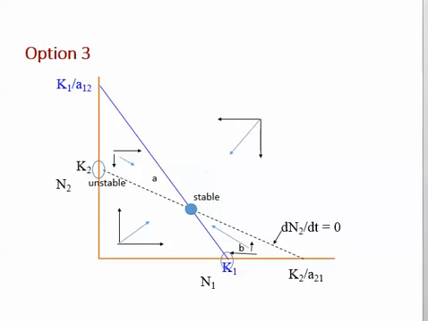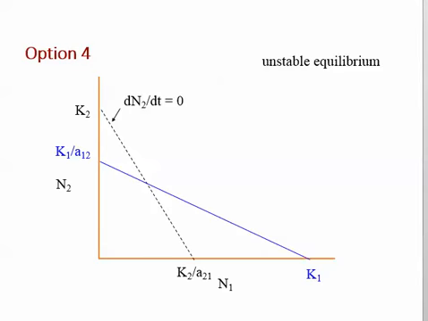Okay, so now down to the fourth and final case. This is where you again have crossing of those isoclines, but now they're crossed in opposite directions. As a consequence of having them cross in opposite directions, we're going to have a different outcome, but only in some places.